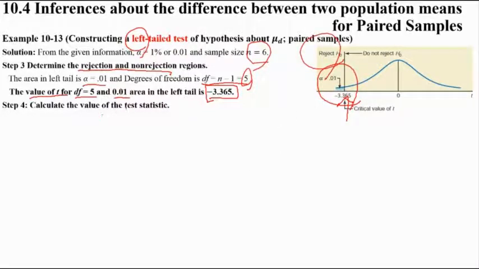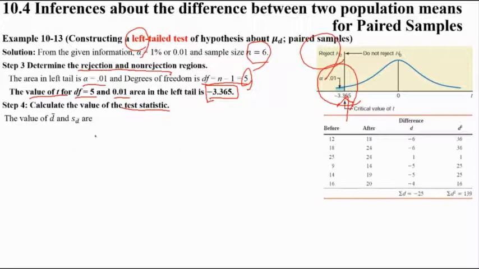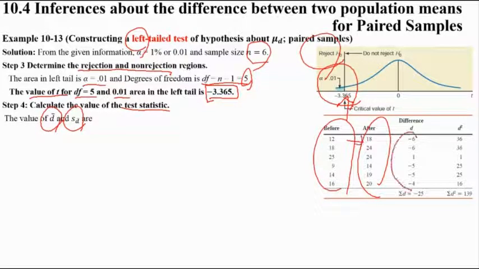So calculation for the test statistic, find the t-value. Before that, we find the mean and standard deviation using the table, before and after. So subtract, the difference, okay, summation for that, and square the summation.